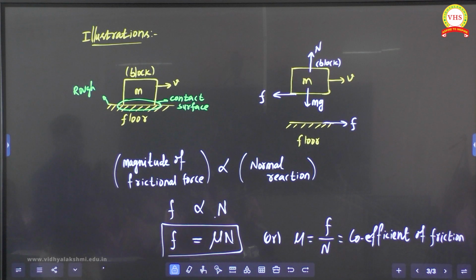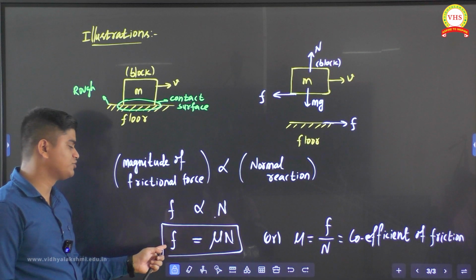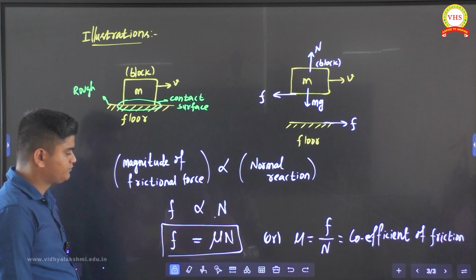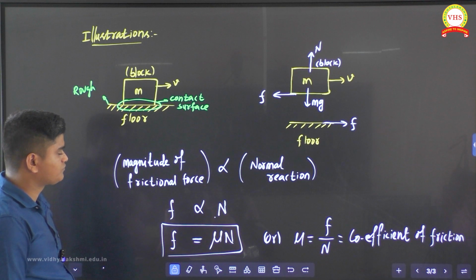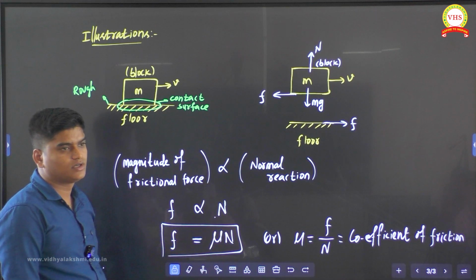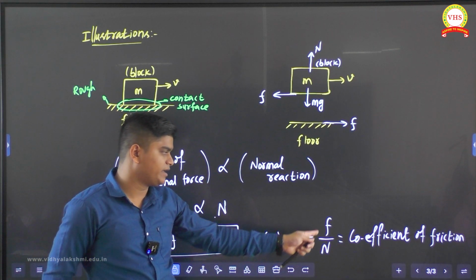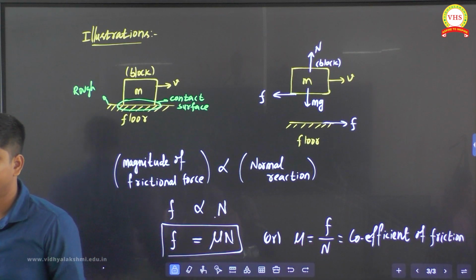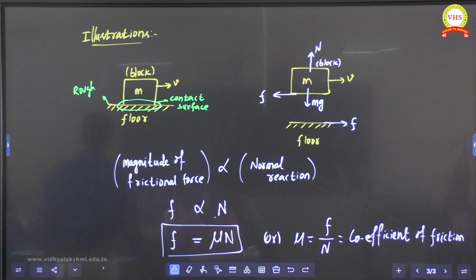And understand about the magnitude of the frictional force and the coefficient of friction. It is actually a ratio basically, frictional force by normal reaction. So what will be the unit of mu? Tell. No unit, no dimension. Remember, coefficient of friction will have no unit, no dimension.